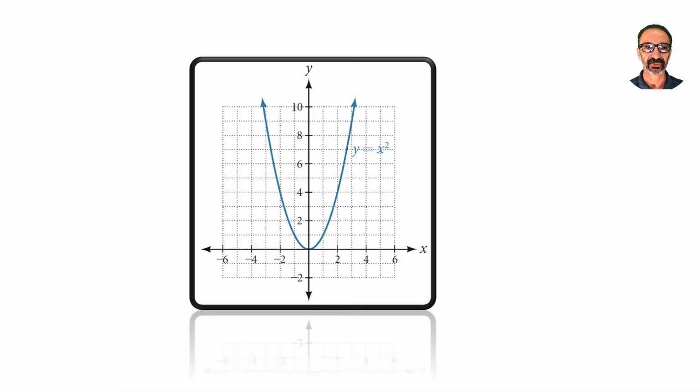Before we start, we need to be aware of the parent function y equals x to the second, where a equals 1. That means it's not vertically stretched or compressed. It's just like the normal opening of y equals x to the second, with the vertex at 0, 0, and goes through the point 1, 1.